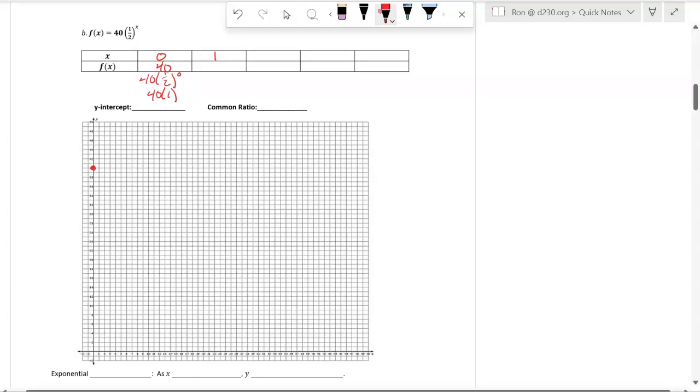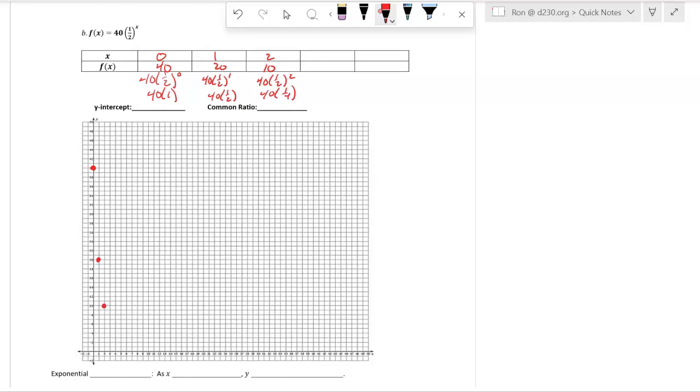Now, if we go 1, that's going to be 40 times 1/2 to the first power. 40 times 1/2 is going to give me 20. So 1, 20 would be my point. Let's do another one. 2. 40 times 1/2 to the second power, which is the same as 40 times 1/4. A fourth of 40 is 10. So 2, 10.